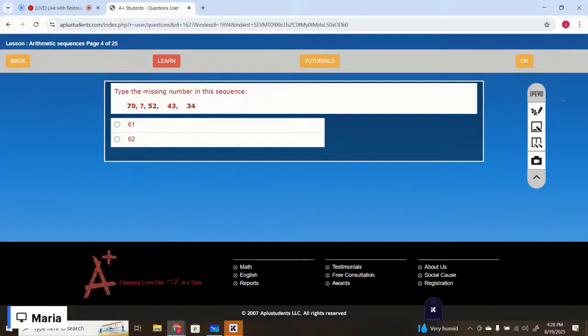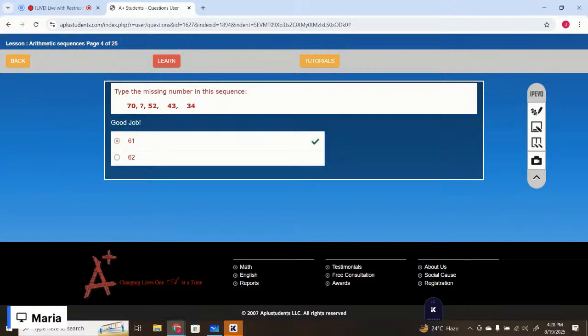So which number is missing? That is 61. Option number 1 is the correct option.